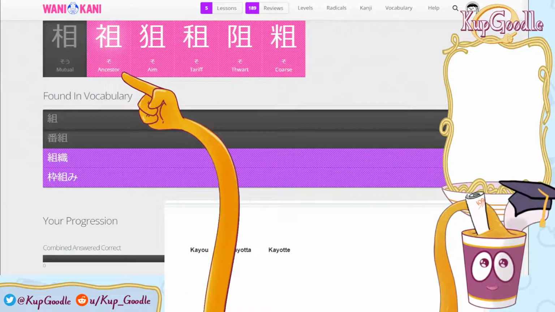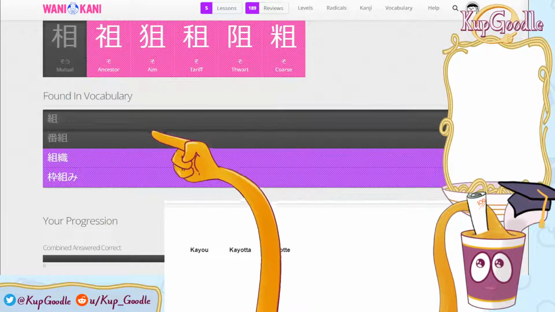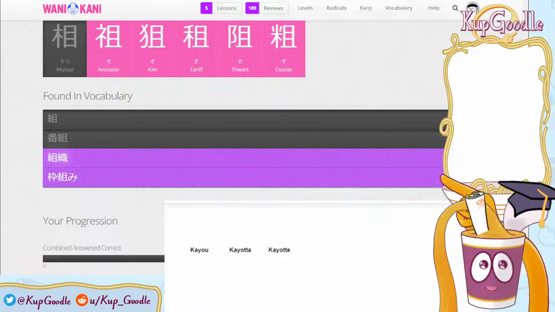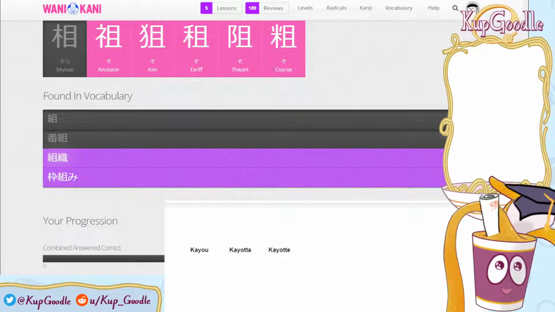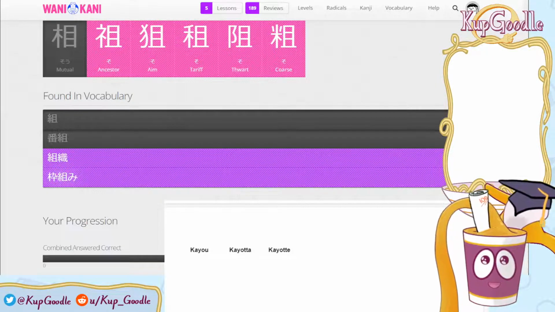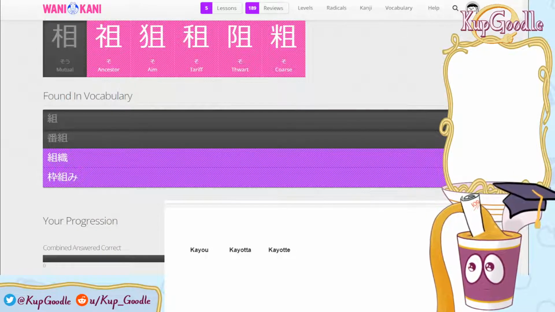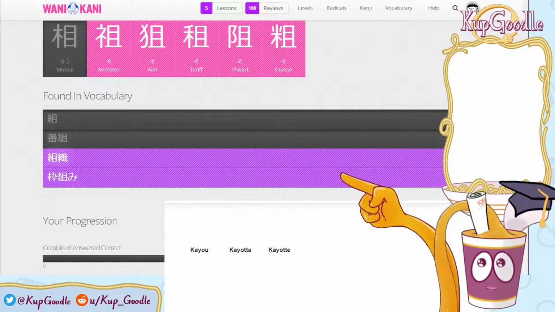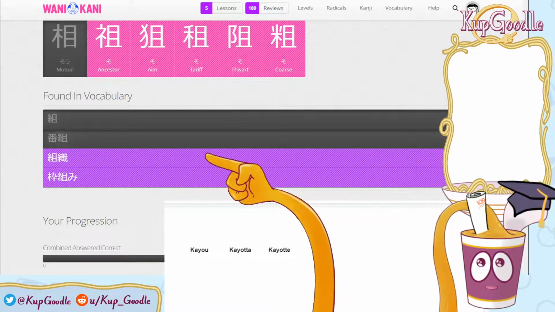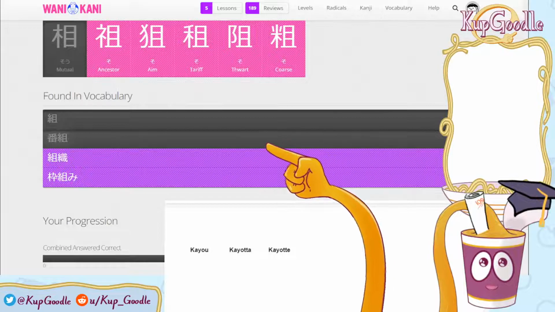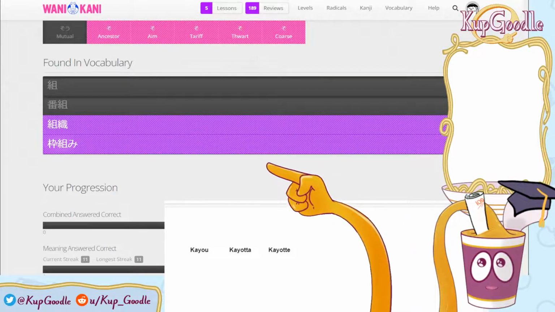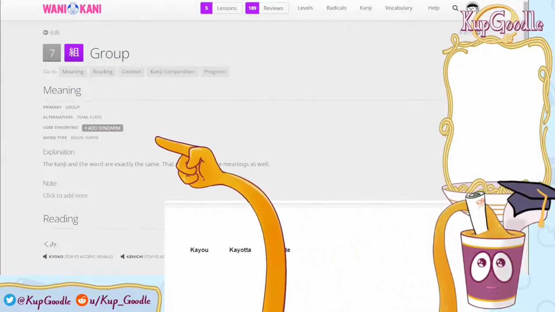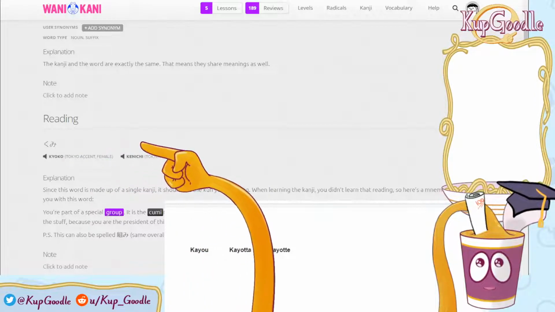Soshiki. Wakugumi. Three different of the four words are gumi or kumi. Kumi.